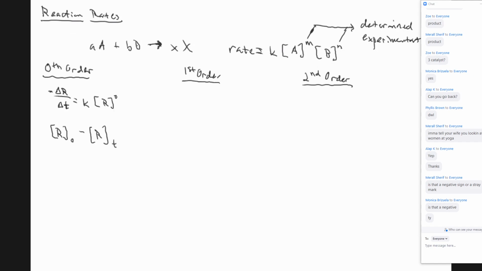So this is the reactant concentration at any given period of time, [A] minus the original [A]0, equal to the rate constant k times t, right? This is your y, this is your mx, and this is your b, respectively, in your system.